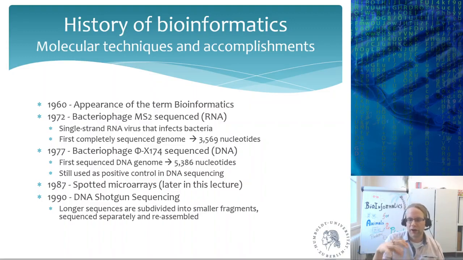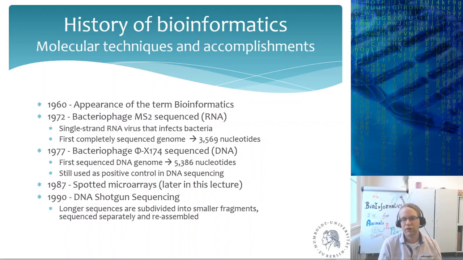It docks to the bacteria and then injects the RNA into the bacteria. The RNA replicates, so proteins will be produced, RNA will be duplicated, and at a certain point, the bacteria is full of phages, and it bursts open, and all the other phages come into the surrounding area and are able to infect new bacteria. So this was one of the first things that we sequenced completely.